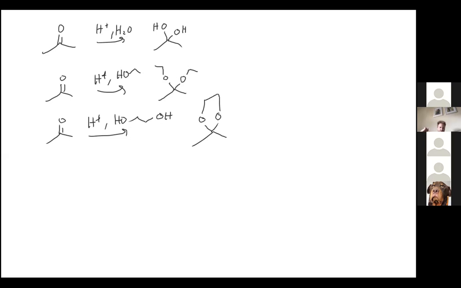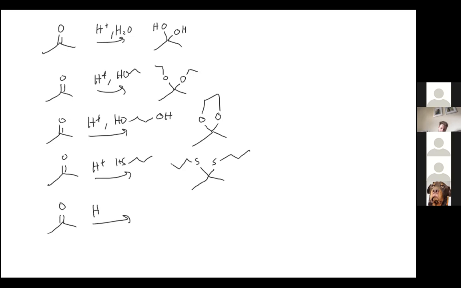I'm gonna throw 2 more in here that have identical mechanisms. So if I use a thiol, I can make a thioacetal. Or if I use a dithiol, I can make a cyclic thioacetal.